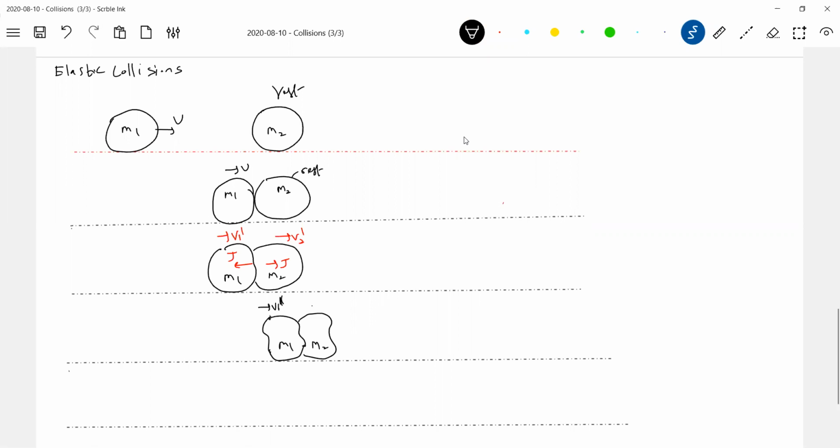V1 double dash, V2 double dash. And finally, how the shape looks all depends upon the type of bodies, everything. I'm just showing some rough diagrams. And at one instant, they'll have common velocity.